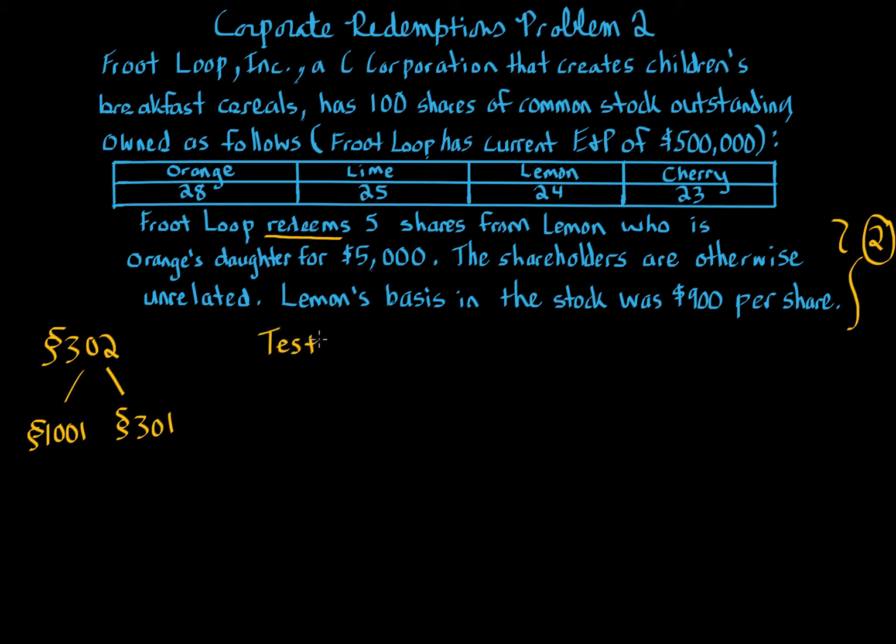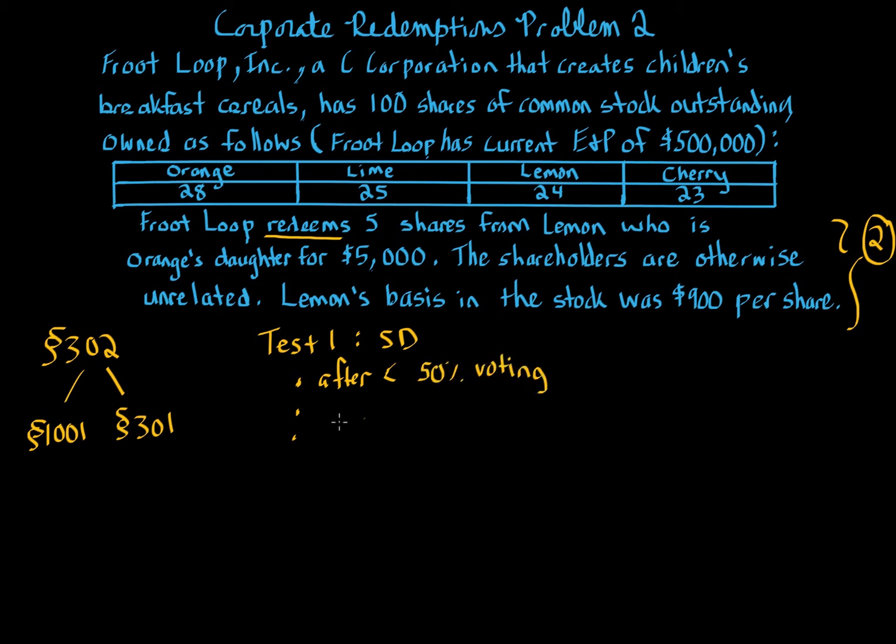Test 1, we have the substantially disproportionate test. I'm just going to abbreviate that SD. Remember, we have to have 3 things. We have to have the after percentage must be less than 50%, and that's voting.